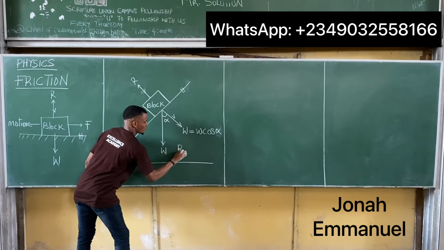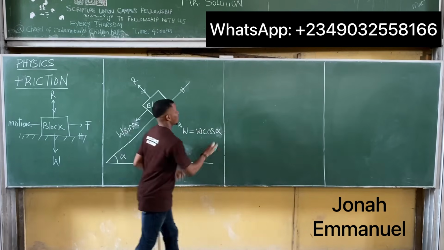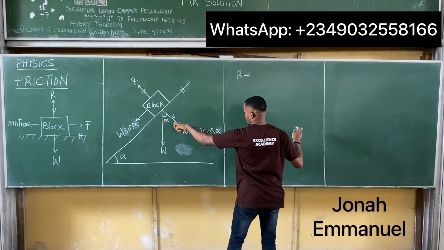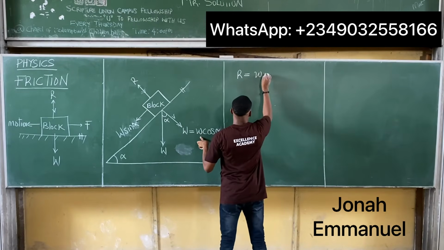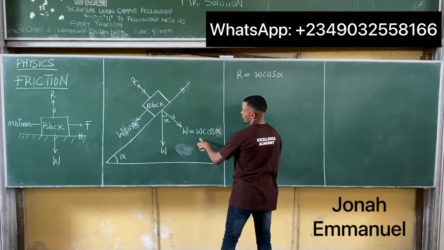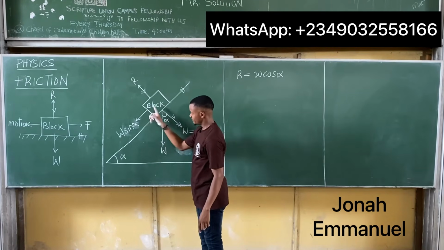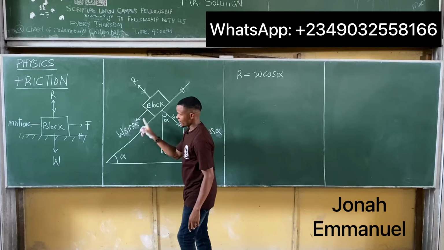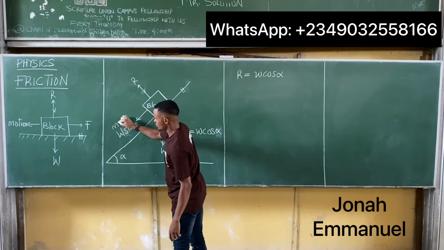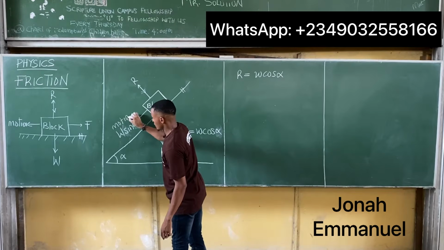So R is equal to, from here we can see that this one is equal to this one here, W cos alpha. So we have this. While for this one here, if I compare this to this one here, of course this one will slide there. This becomes the motion to slide there.